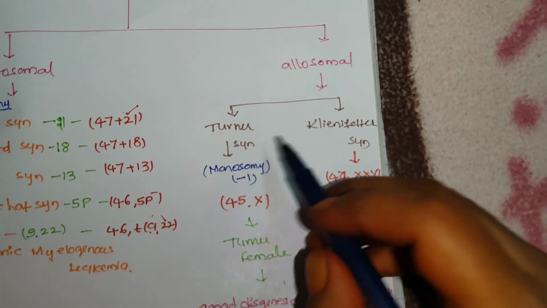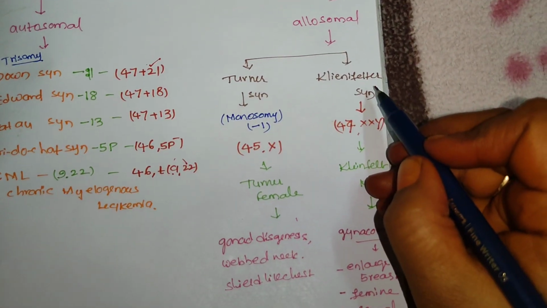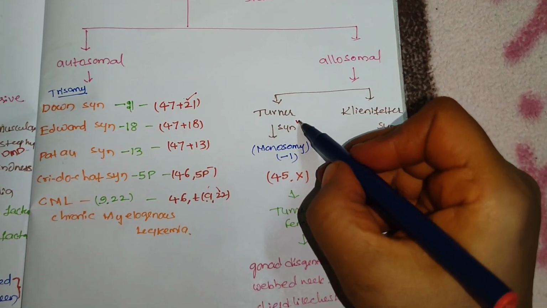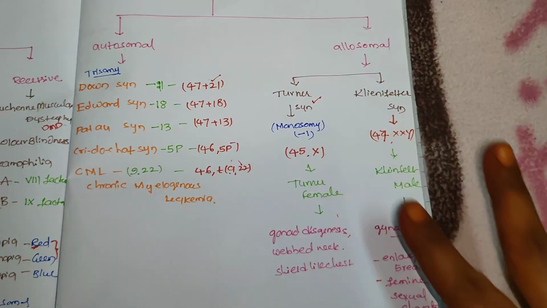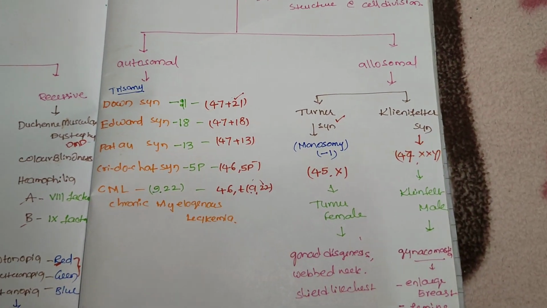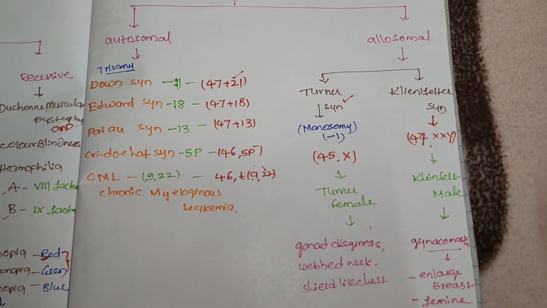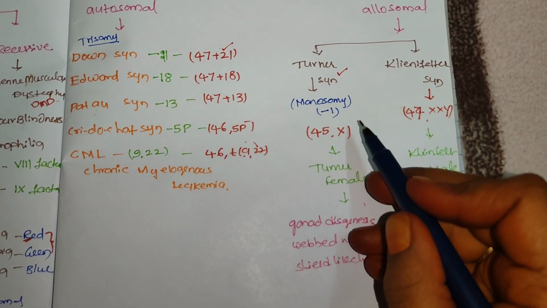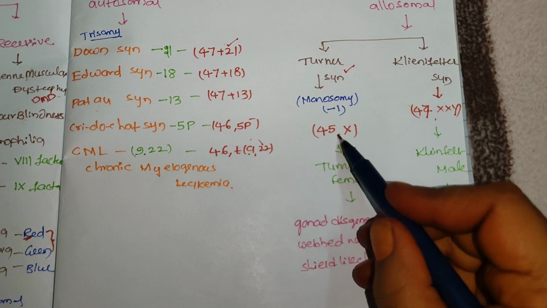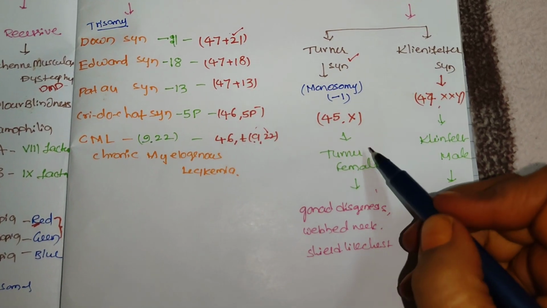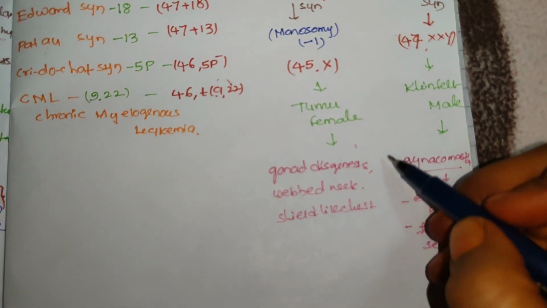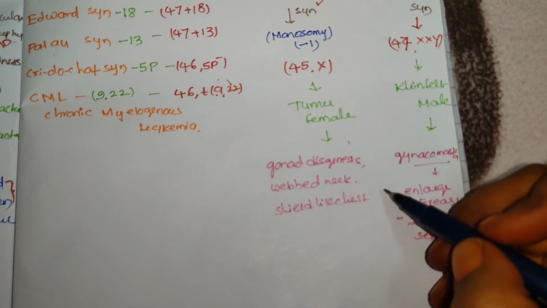Then allosomal, two types: Turner syndrome and Klinefelter syndrome. Among all, just Turner syndrome is a monosomy; the remaining are all trisomy, adding one extra chromosome. In Turner, instead of 46 it has only 45. The condition is Turner female. It has characters of gonadal dysgenesis, webbed neck and shield-like chest.